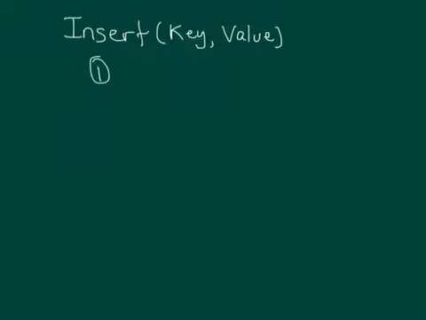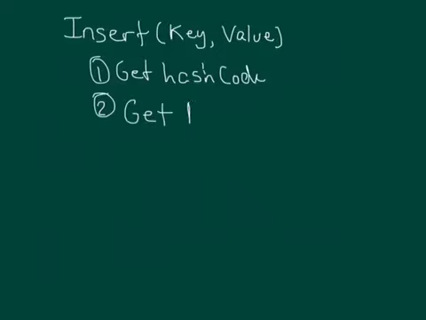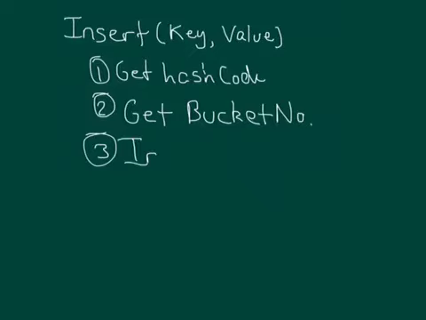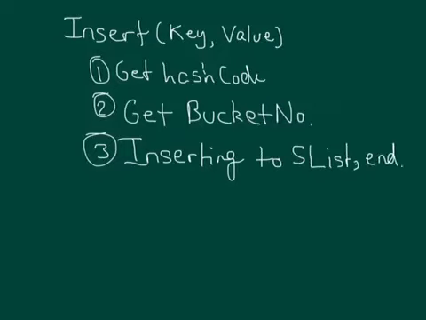So same thing as before: one, get the hash code; two, get the bucket number by compressing the hash code; and three, actually insert to the end of the S list. And that's really it.